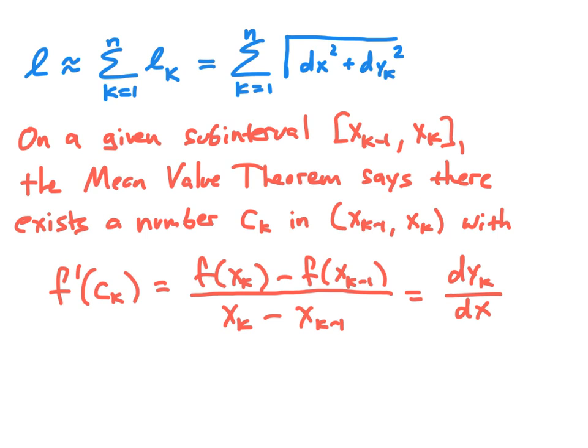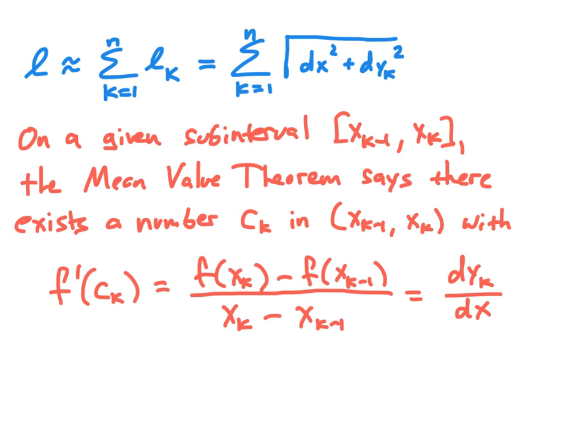So in the context that we're working, if we're on a particular subinterval from x sub k minus 1 to x sub k, so this is just one of the subintervals that we formed in the earlier step, the mean value theorem is going to guarantee that there exists some number that we'll call c sub k in that interval with the property shown here, that the derivative of our function f at that point is equal to the slope of the line segment between the endpoints.